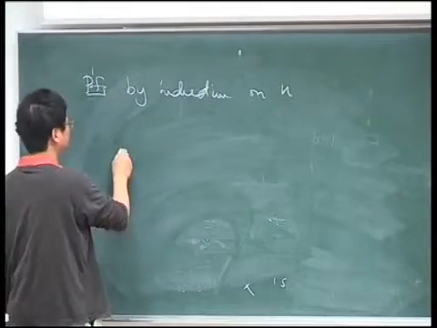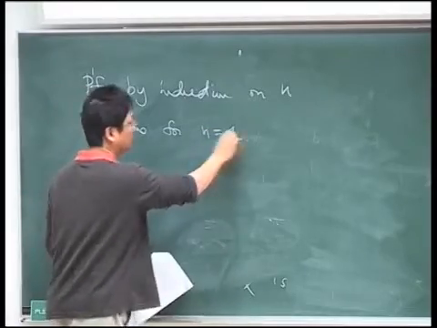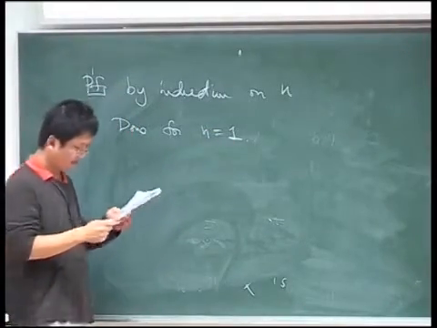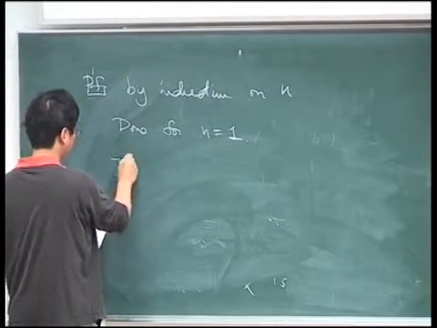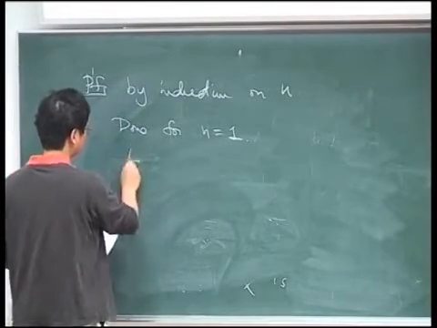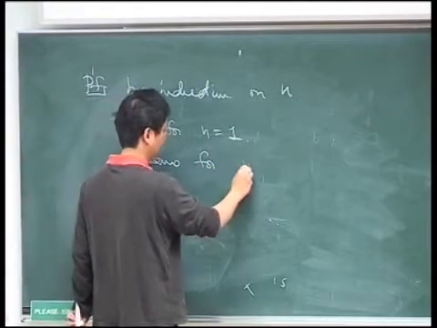Well, we just proved it. We're done for n equals 1. So we just showed. Now we examine I^(n+1). So we assume it for I^n. Okay.